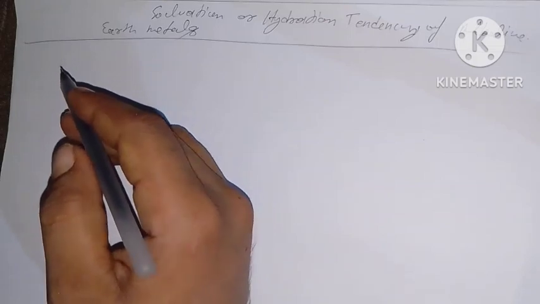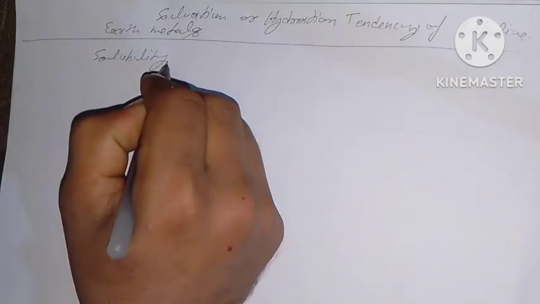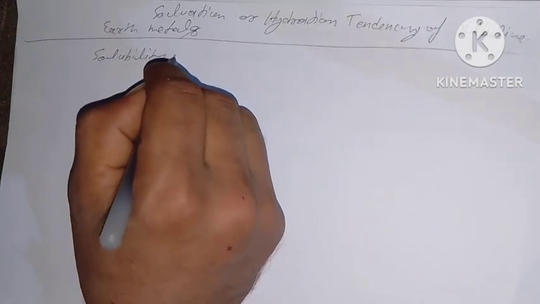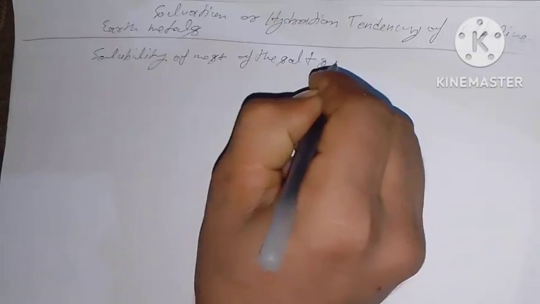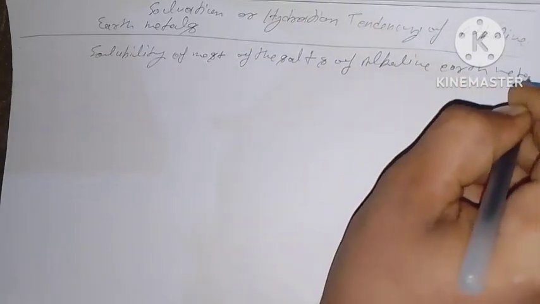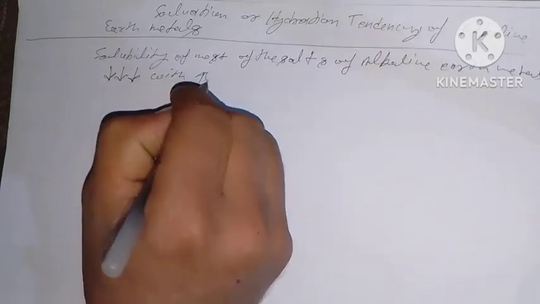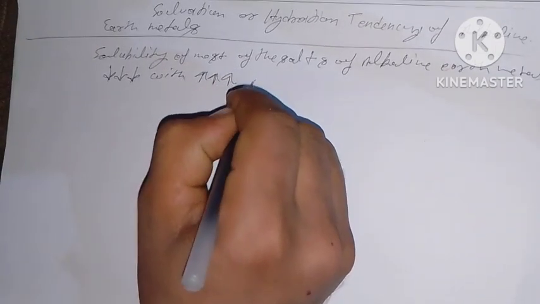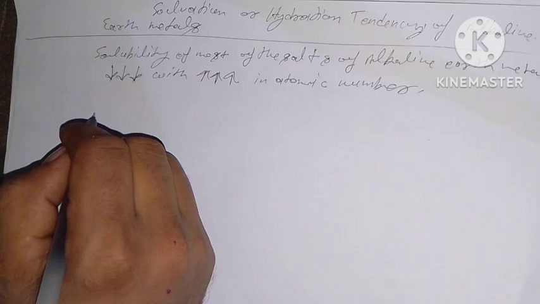The solubility of most of the salts of alkaline earth metals decreases with increase in atomic number, or atomic weight.